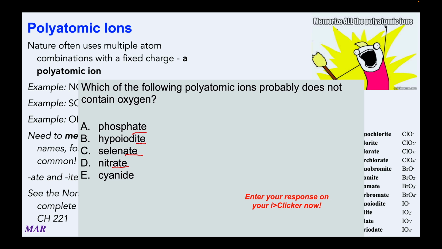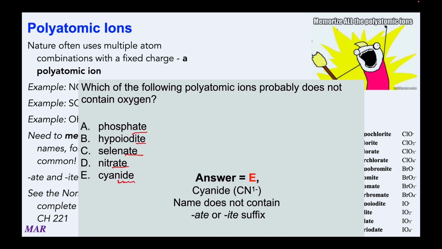So the only one here which doesn't have ATE and ITE would be cyanide. So we would guess, and guess correctly, that cyanide does not contain oxygen. It doesn't have an ATE or an ITE suffix. So that's one other hint that I can tell you to kind of figure these out.